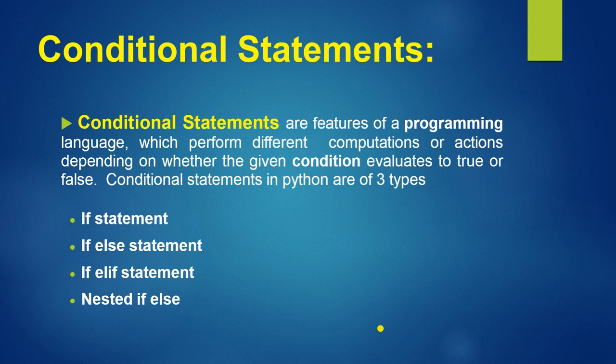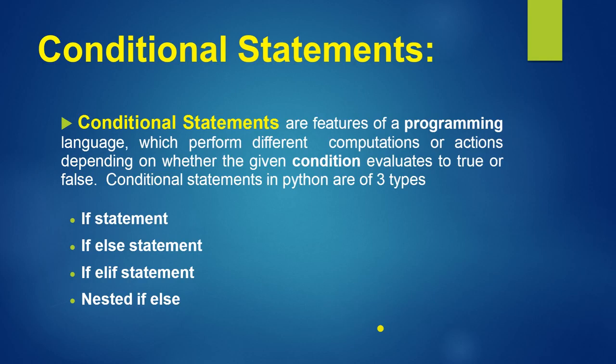Next is conditional statements. Conditional statements are very important, so you have to understand them clearly. Conditional statements are features of a programming language which perform different computations or actions depending on whether the given condition evaluates to true or false.